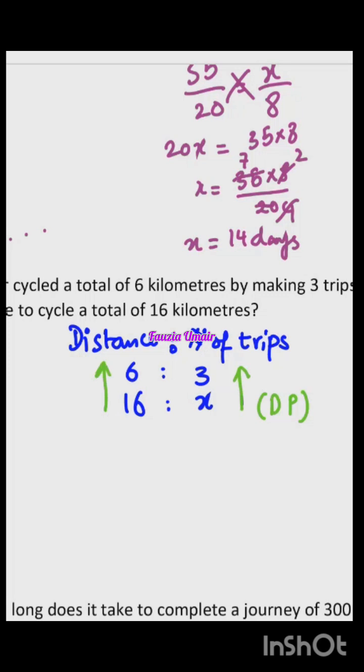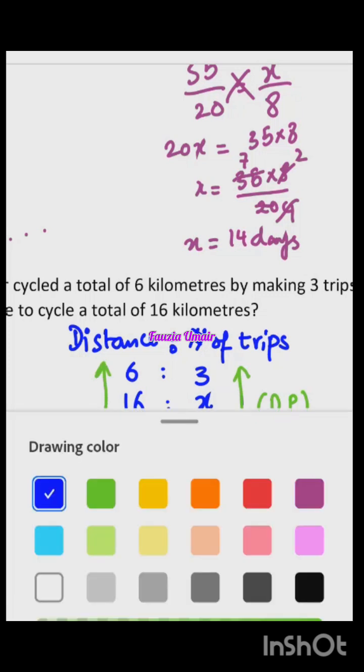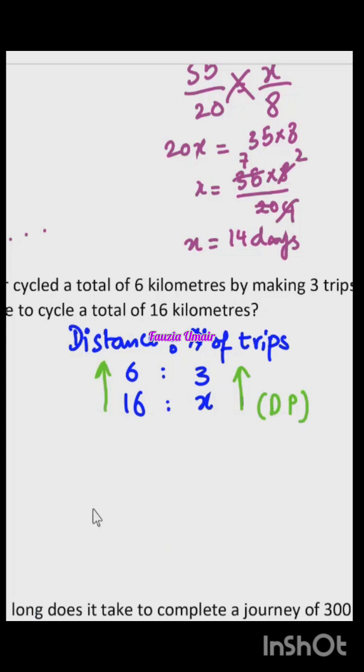Okay? So now, who can help in writing the equation, following the direction of the arrow? Zoya, ji bete. Ma'am, 16 divided by 6 is equal to x divided by 3. Excellent. Now we can just cross multiply. 6x is equal to 3 into 16.